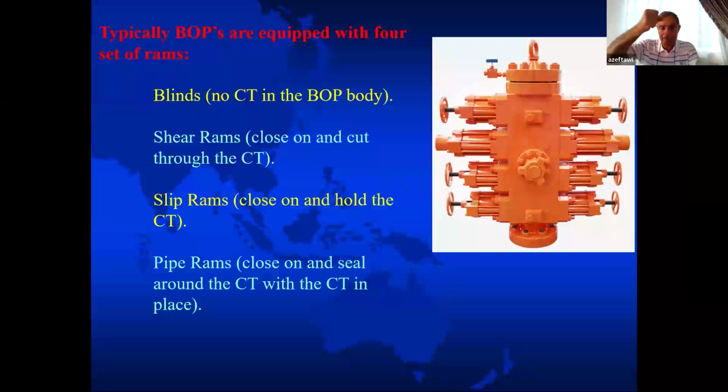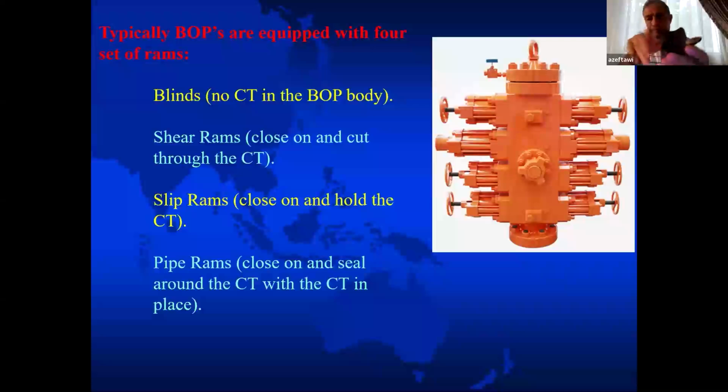It grips on the pipe and holds it in place. It prevents the weight of the pipe from going downward, and also it prevents the well pressure from pushing the pipe up. That's why the teeth are neutral.